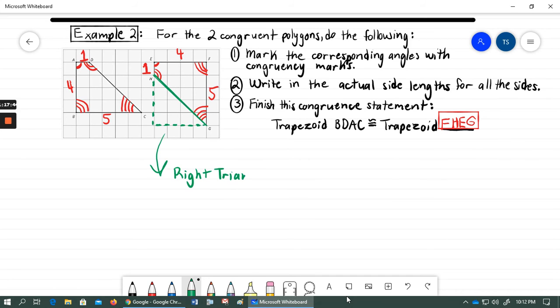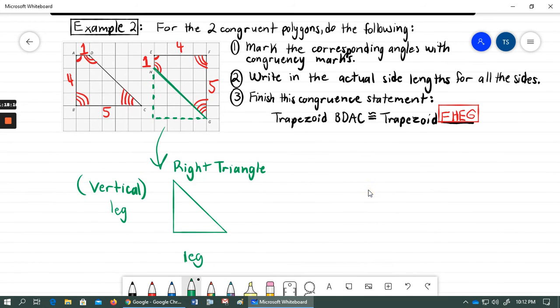Because we know that horizontal length and that vertical length form a right triangle. The two legs of that right triangle, this vertical length is one of the legs, and this horizontal length is the other leg, right?